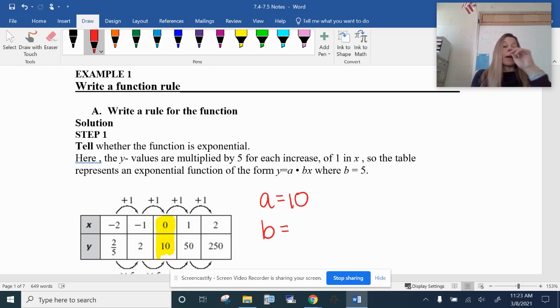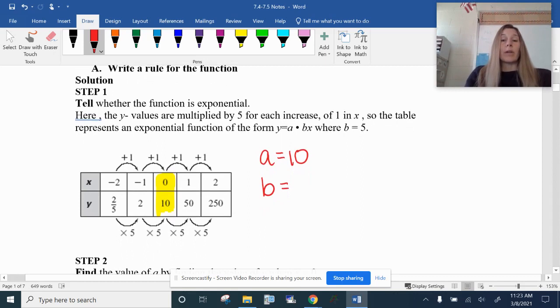Now, as long as you have numbers in your x's that are going in order, increasing by 1, so we have -2, -1, 0, 1, and 2, if you look at the corresponding y values, you can find some sort of a multiple there. So 2/5 times 5 is 2, 2 times 5 is 10, 10 times 5 is 50, 50 times 5 is 250.